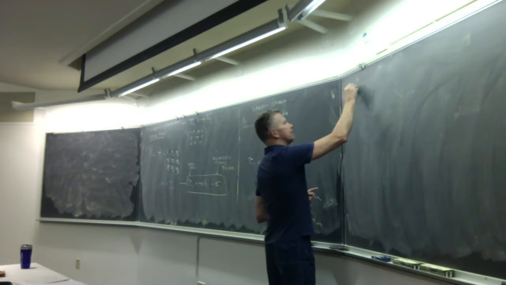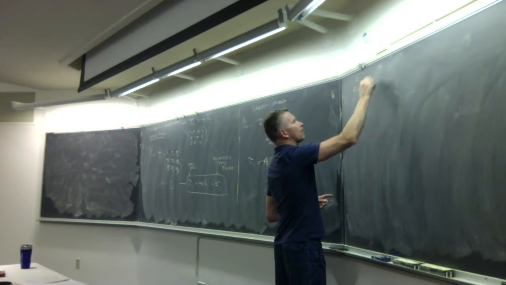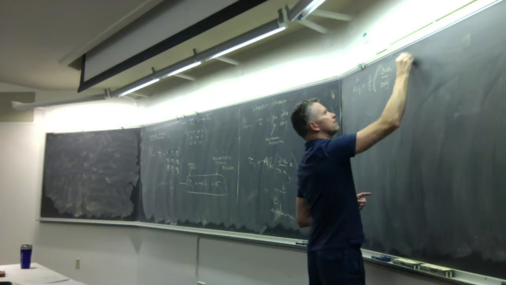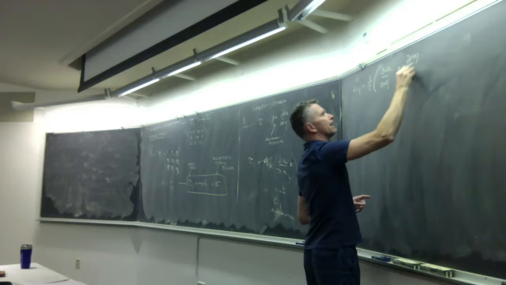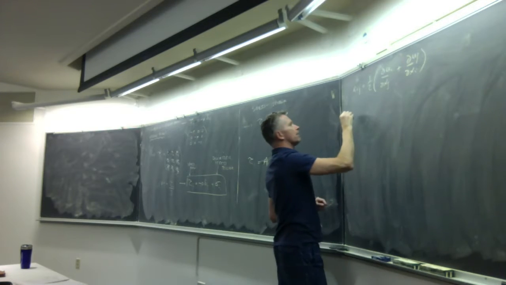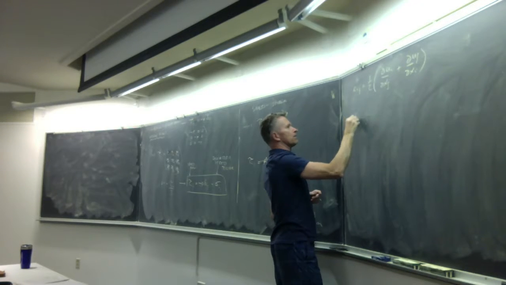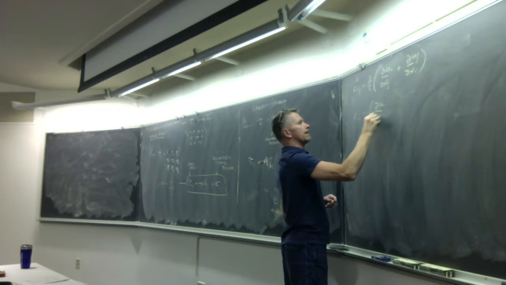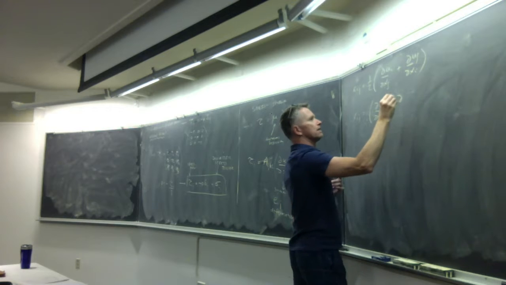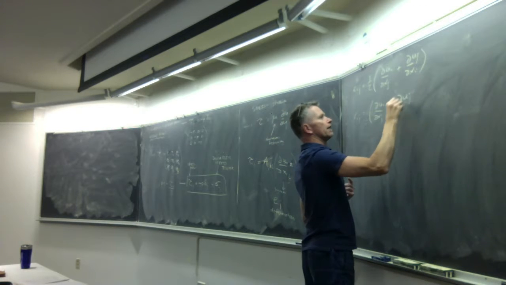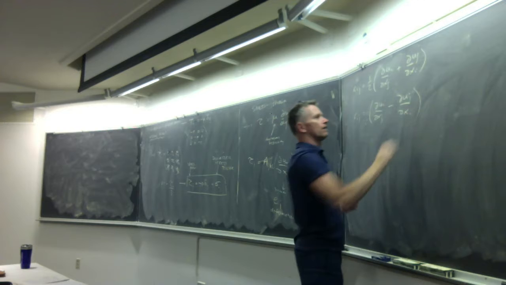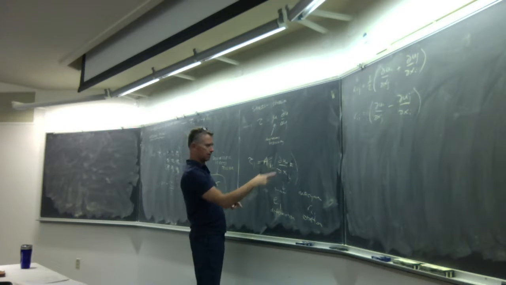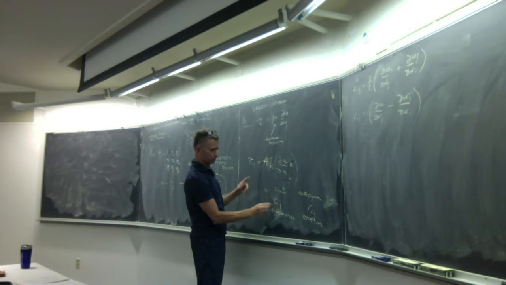We said Eij was equal to half dui by dxj plus duj by dxi. And Rij doesn't have the half, it's really annoying. Rij is equal to dui by dxj minus duj by dxi. So actually, this duk by dx, oh, I should have written k's and l's.